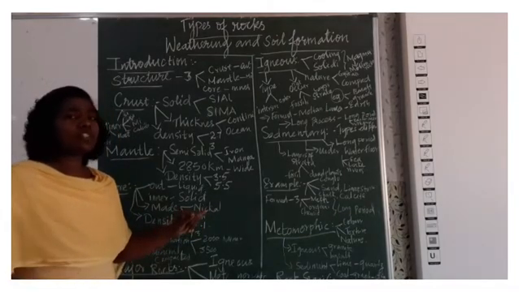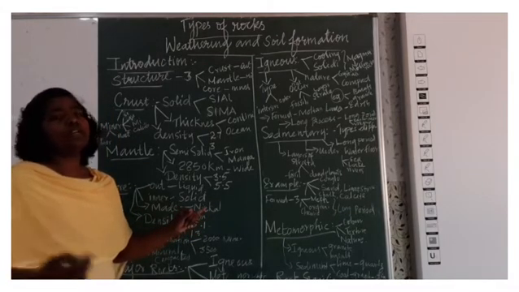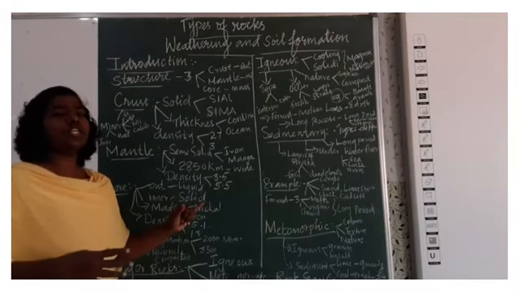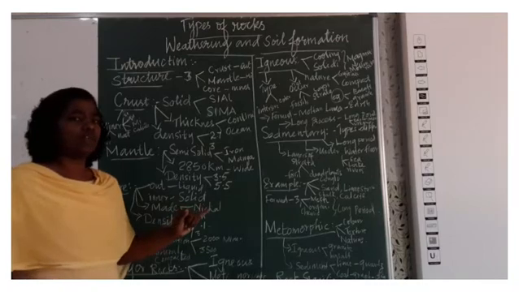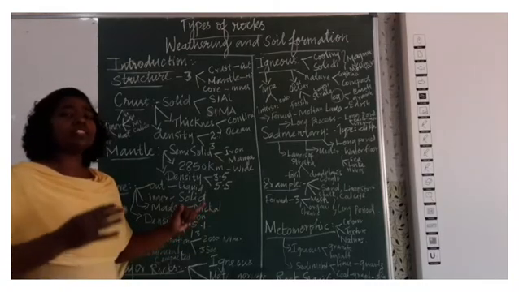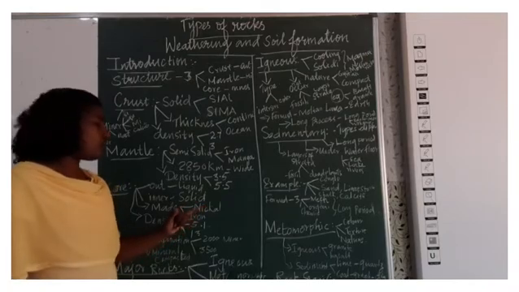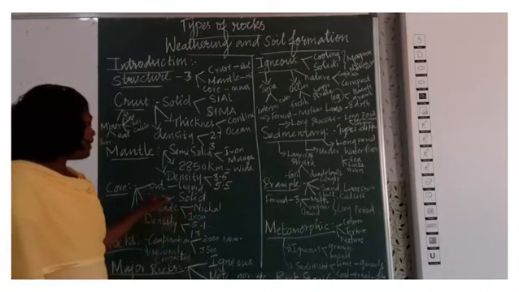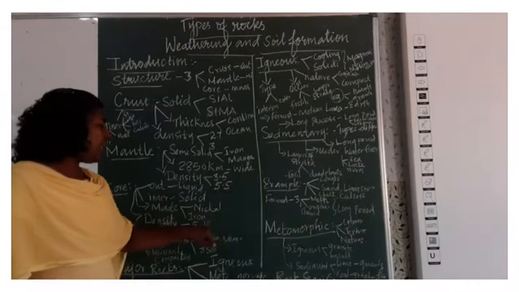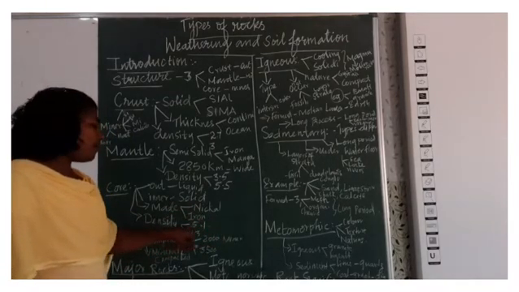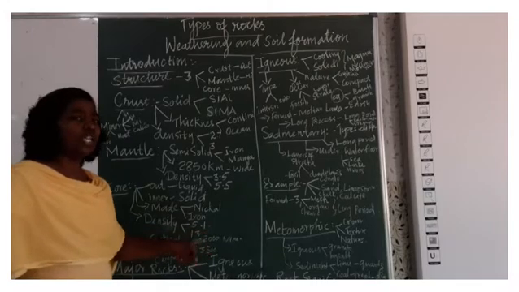You should understand there are always movements, compression and pressure in the interior of the earth that bring various chemical and mechanical changes. So in the core we can find nickel and iron. The density of the core is from 5.1 to 13.